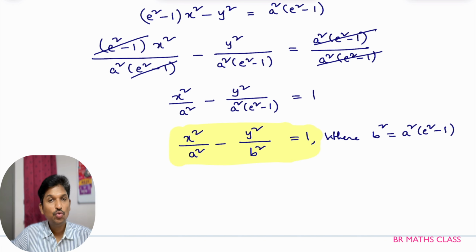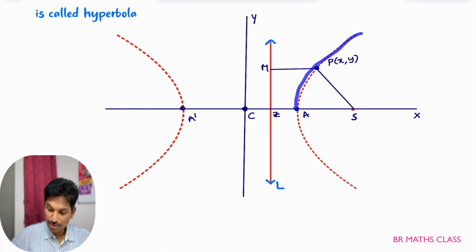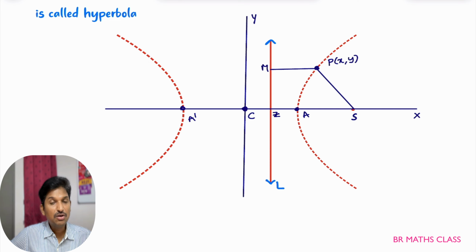Now you need to know one important point. This hyperbola is symmetrical about the coordinate axis. Right? You observe this hyperbola diagram. This part is same as this. Because of this symmetry, the same diagram you will get.